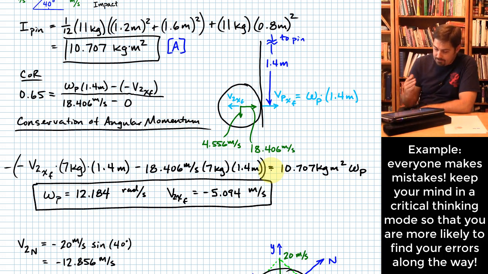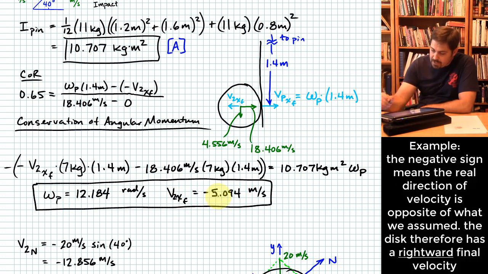It says, check your work along the way, see if it makes sense. I'll say this makes a lot more sense relative to the numbers that I was seeing earlier in the problem. All right, so now what do we think about this? Well, the negative that we have here actually means that this direction that I assumed for this velocity is wrong.